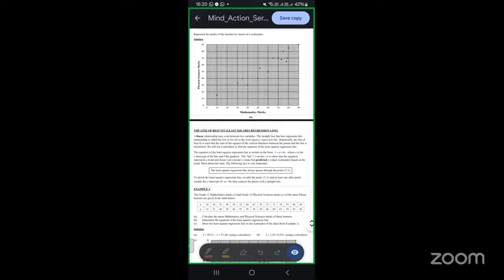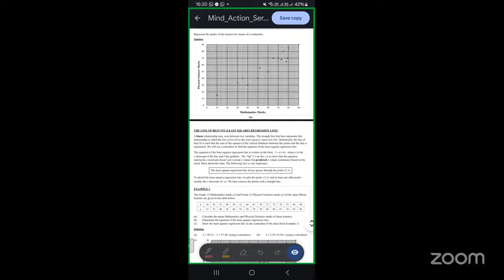It's fine. But statistically, the line of best fit is such that the sum of the squares of the vertical distances between the points and the line is minimized.